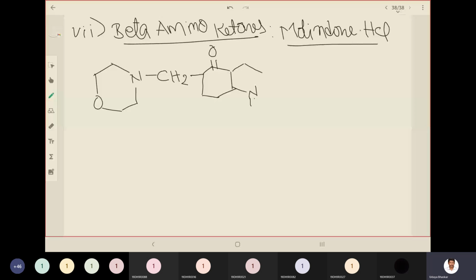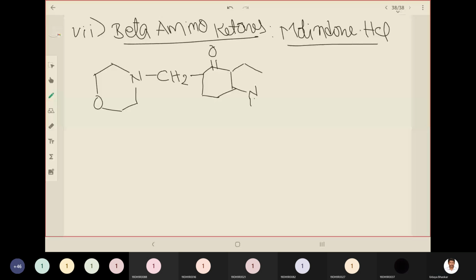This is a pyrrole moiety, and this is a cyclohexane fused with it. You have a methyl group and another group as substituents on the pyrrole moiety. It is linked with the methyl group.